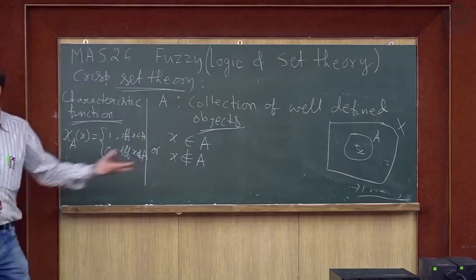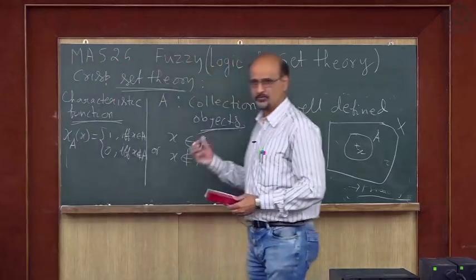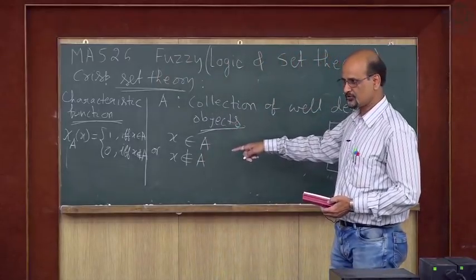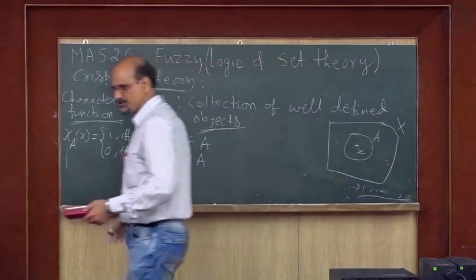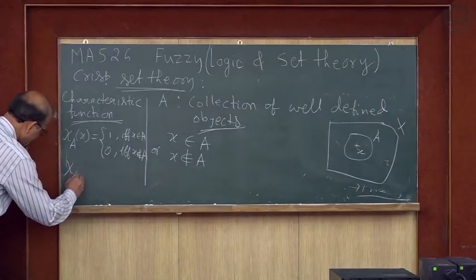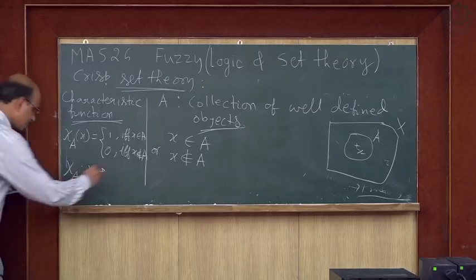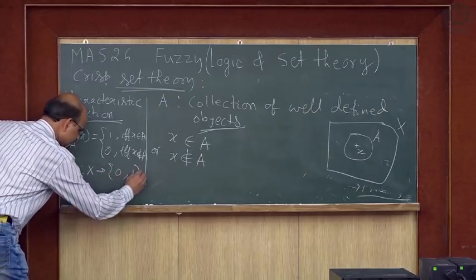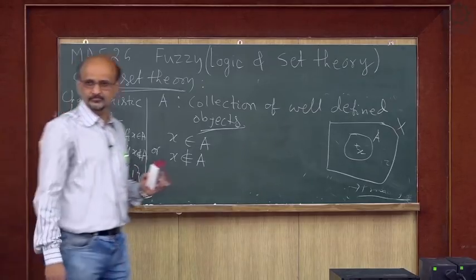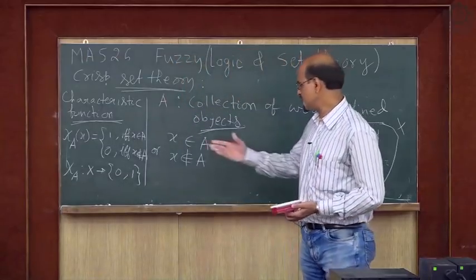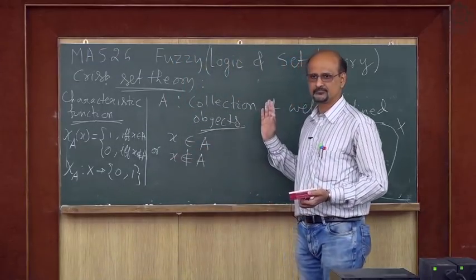If x belongs to A, it is 1. If x does not belong to A, it is 0. Only 2 answers. So the mapping chi A is from X to the set {0, 1}, remember, whose elements are only 0 and 1.